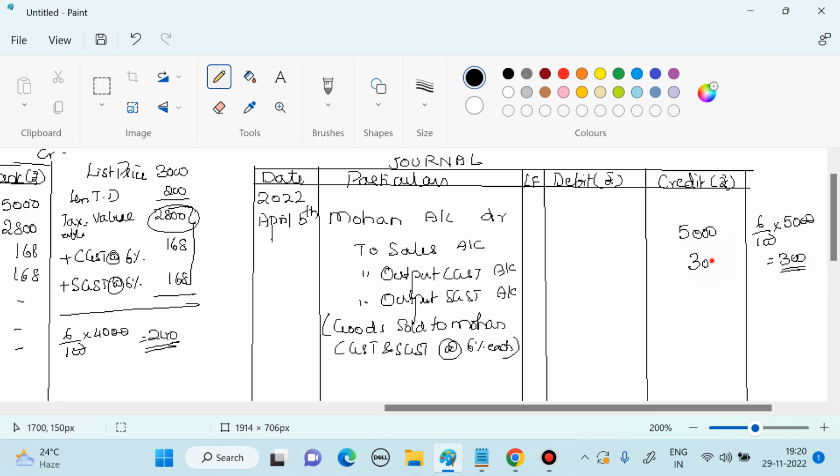So 300 is collected as output CGST and 300 collected as output SGST. Total which will be receivable from Mohan is 5,600. Clear, everybody? Very good.